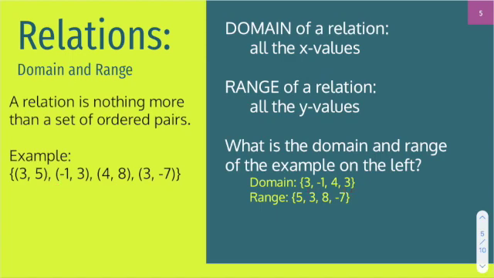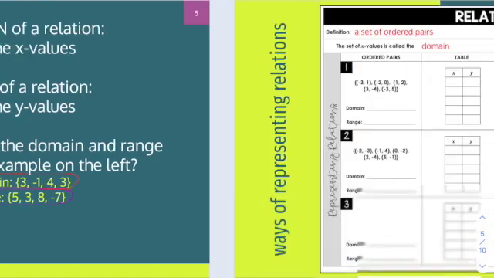The domain is going to be all the x values. So you can see that the x values are 3, negative 1, 4, and 3. And the range is going to be all the y values: 5, 3, 8, negative 7. So this is my range, and this right here would be my domain.